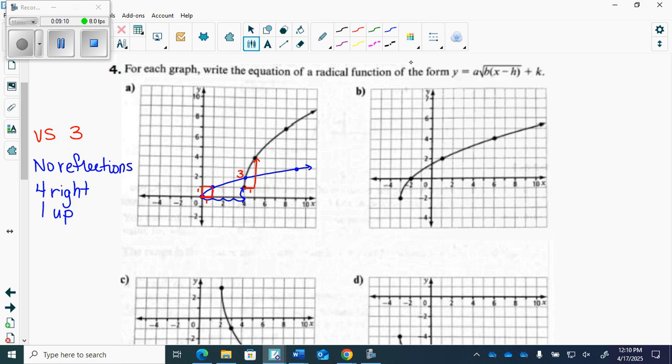I'm going to get a horizontal stretch equation or a vertical. But I do whatever one's easier first. So this one, the vertical stretch is easier because the horizontals are both wide. Okay? So let's try it out. Y equals the vertical stretch by 3, square root, no negatives, no reflections, 4 to the right, so x minus 4 and 1 up.